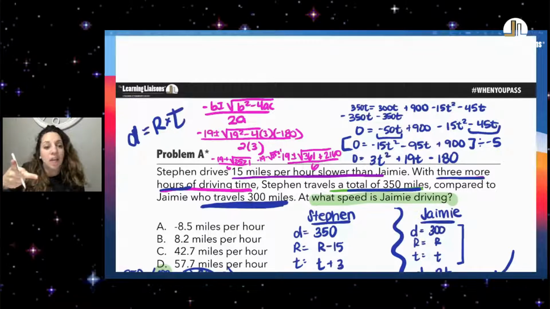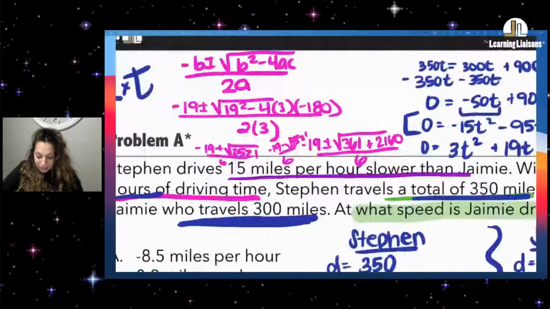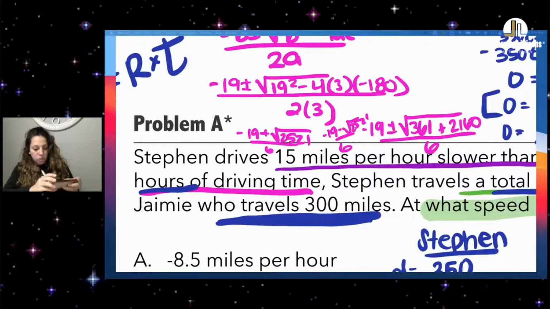I split that off because I have a plus and a minus. So I'm going to take the square root of that, which is not pretty, and that's okay. And I'm going to subtract 19 and divide by 6, and I get 5.2. Now I'm going to do the square root of 2,521 minus 19 divided by 6, and I get negative 11.